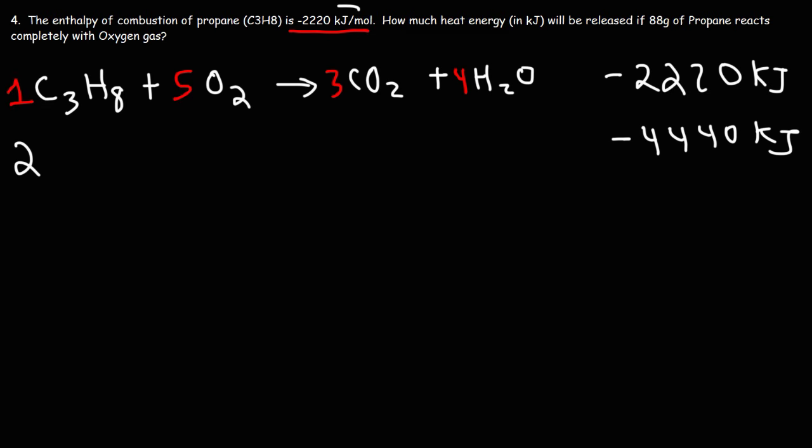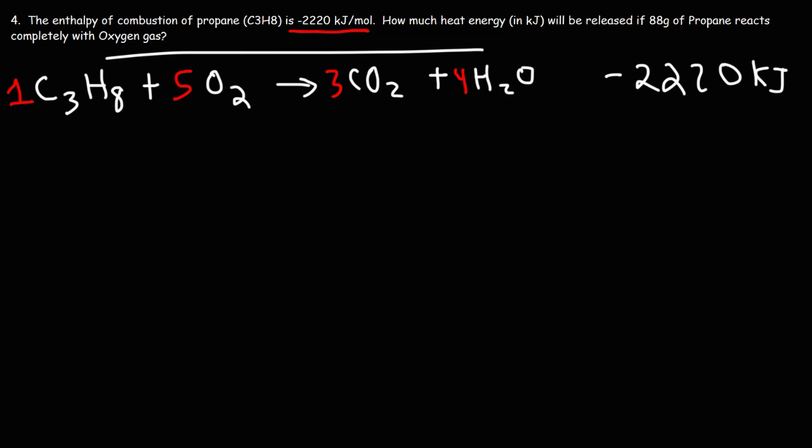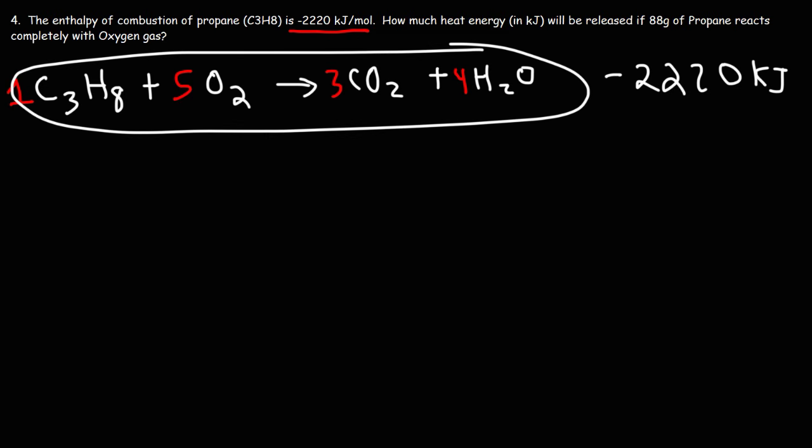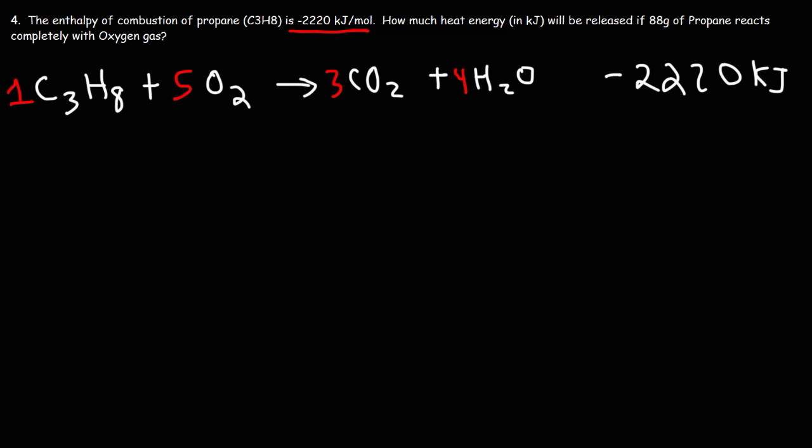So the enthalpy of combustion tells us how much heat energy is released when 1 mole of that particular substance undergoes a combustion reaction. So this is what is known as a thermochemical equation. It relates the amount of thermal energy being released or absorbed with a corresponding chemical equation. So let's understand this.